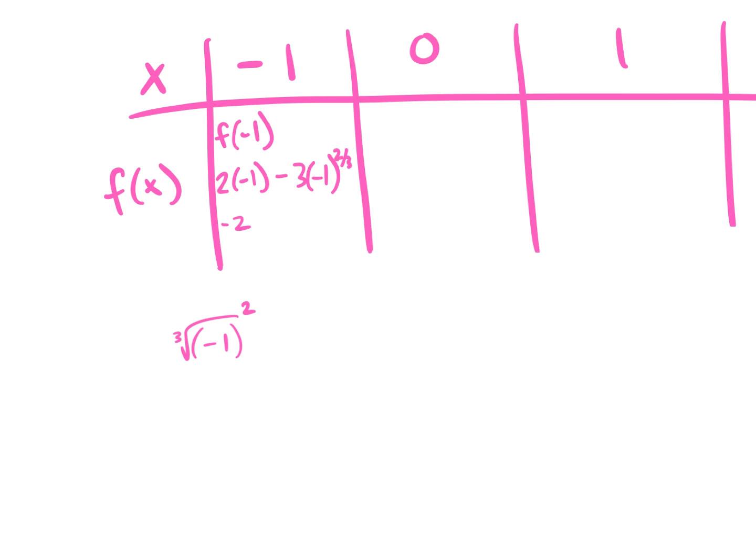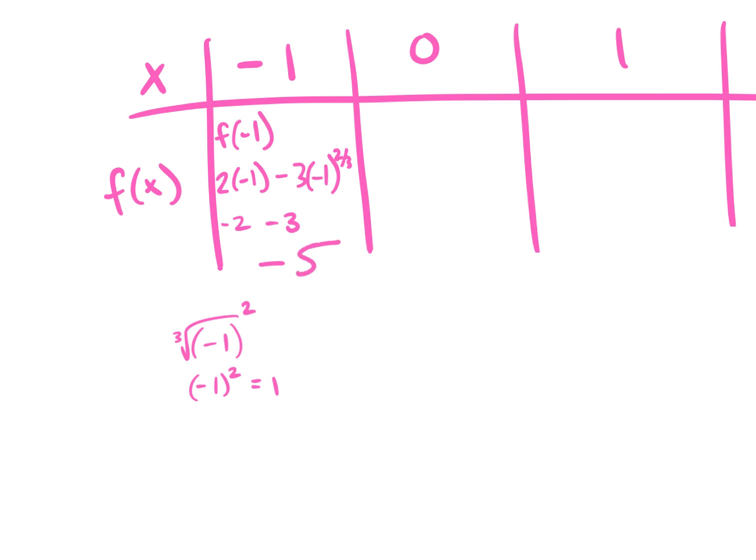What's the cubed root of -1? And what's -1 squared? +1. So +1 times -3 would be -3. -2 minus 3 would be -5.